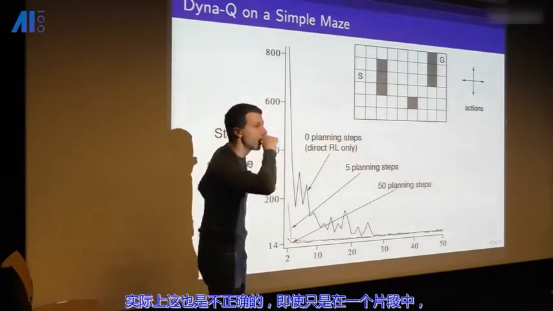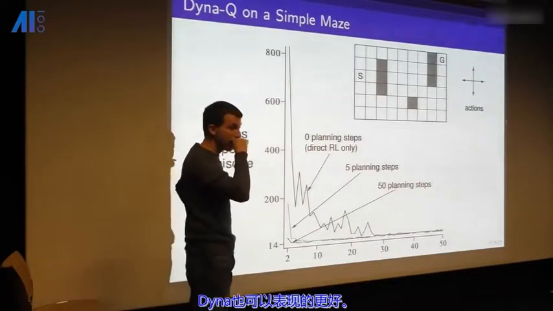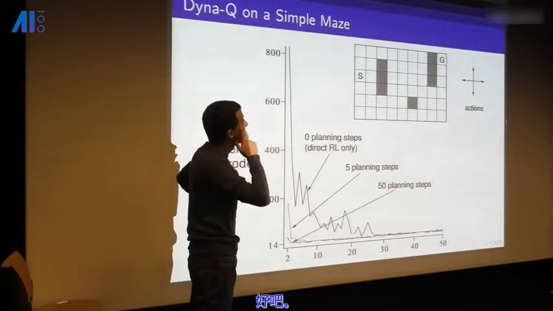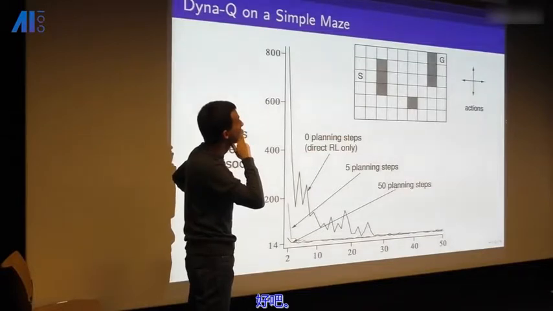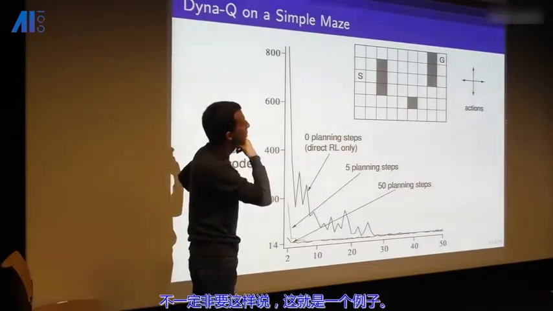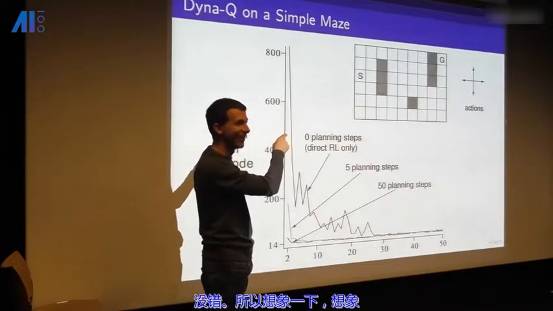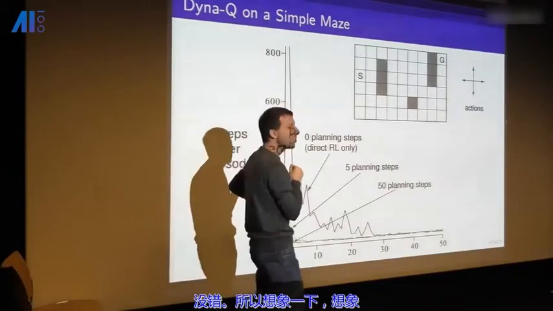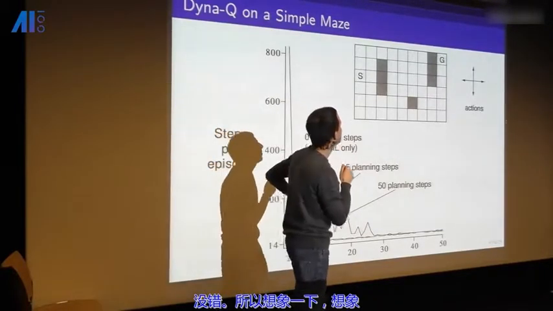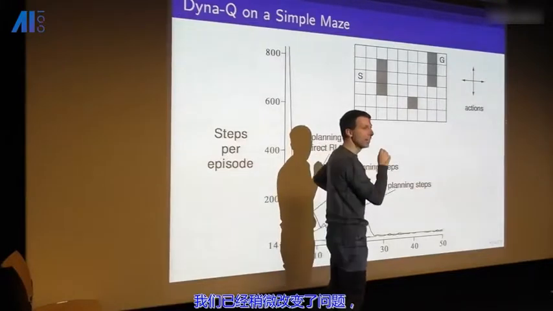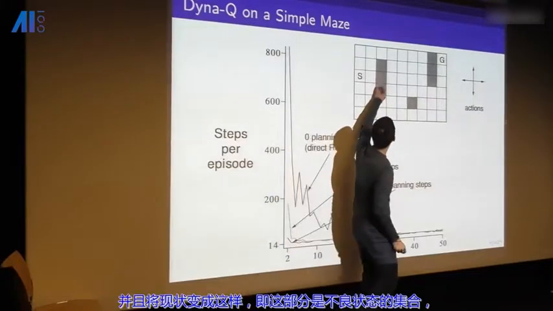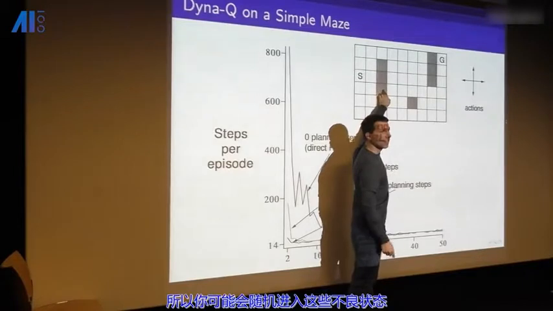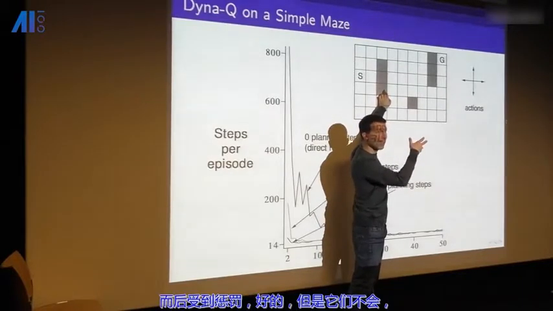Actually, even that's not true. Even within one episode, Dyna can do better. Not necessarily in this example. Right. So imagine that we change the problem slightly, and we make it the case that these are bad states that you could randomly go into and that really hurt you.